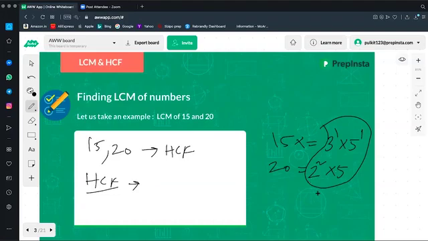So how do we do that? In 20, there is 2 square present. In 15, do we have any term for 2 present? Yes or no? No. Similarly, talking about 3. In 15, we have 3 raised to the power 1. But in 20, do we have any power for 3?